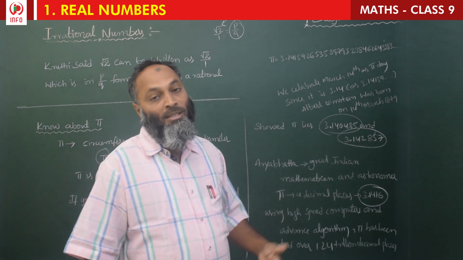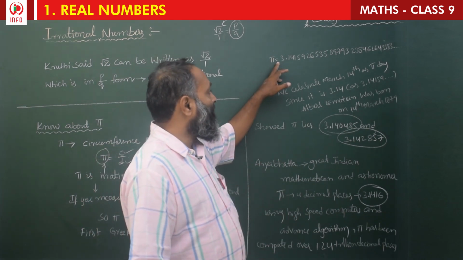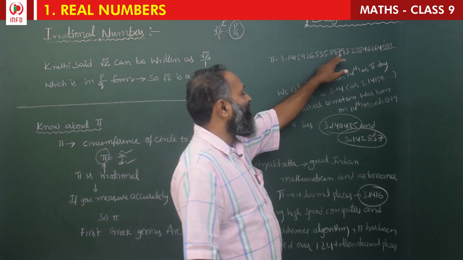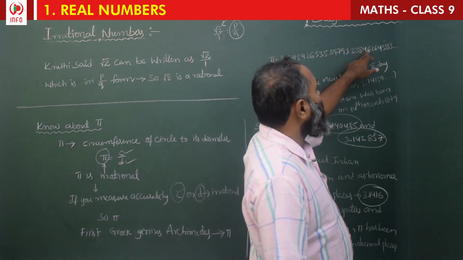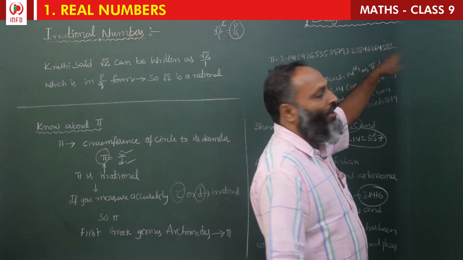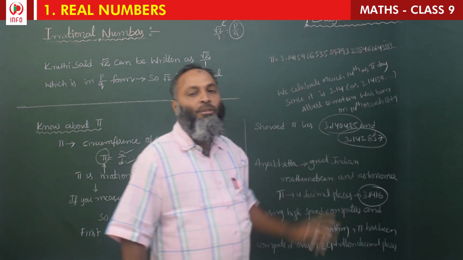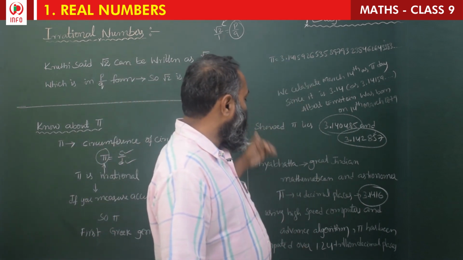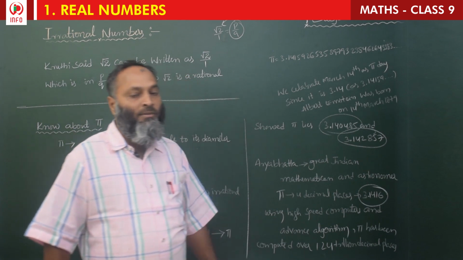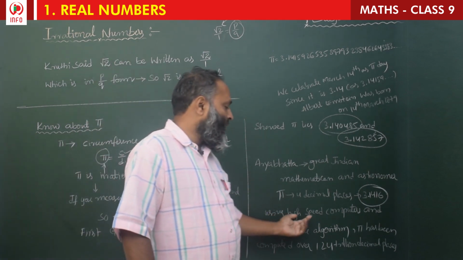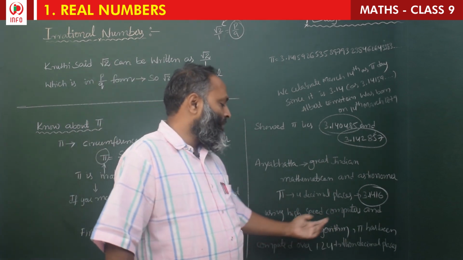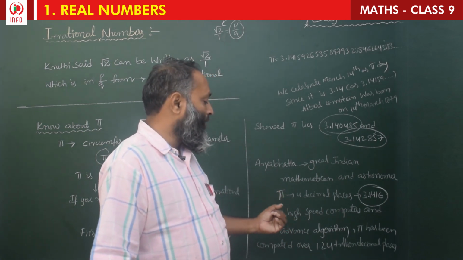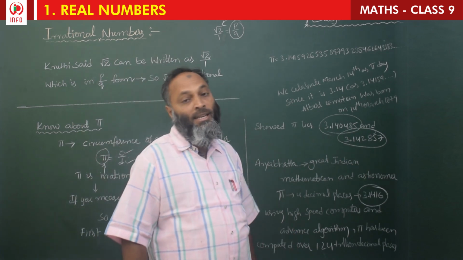So, trillion decimal places means, like the pi value is 3.14152965358979328546264333853, like this, up to 1.24 trillion decimal places.